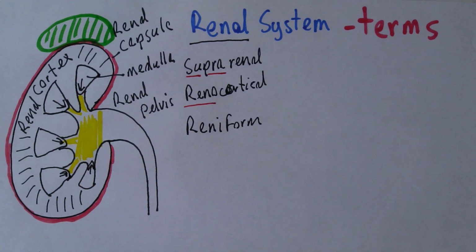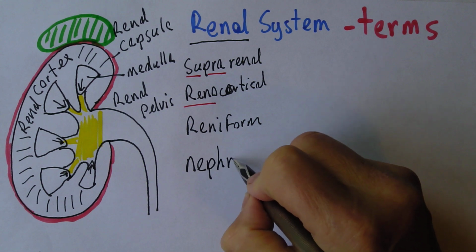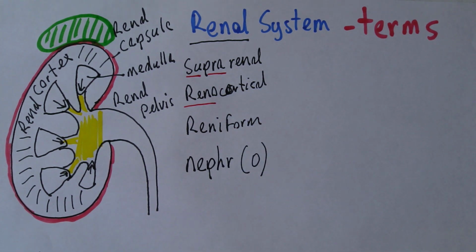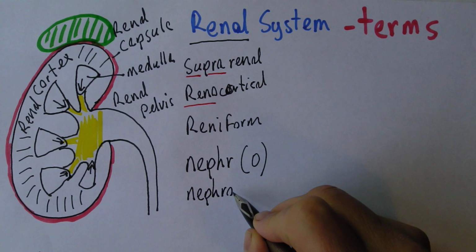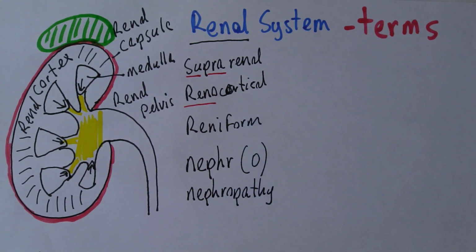But the main term relating to kidney is neph, sometimes with an O, neph or nephro. So for example, nephropathy. Nephropathy.